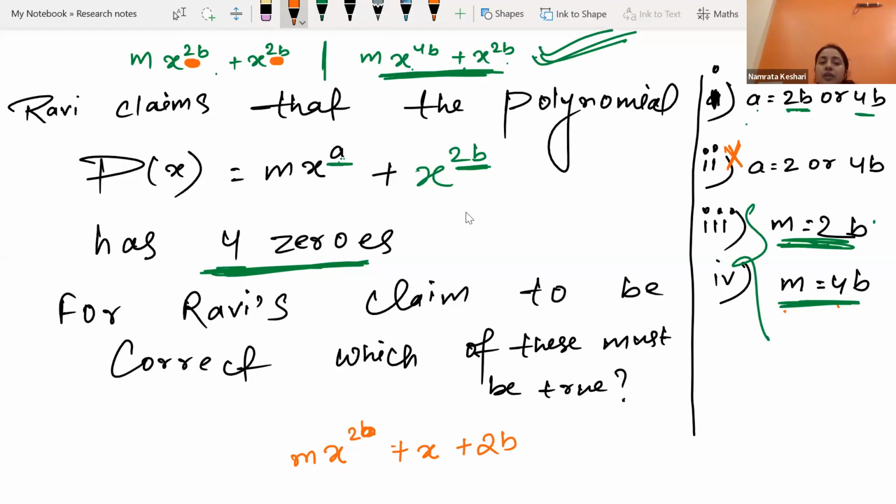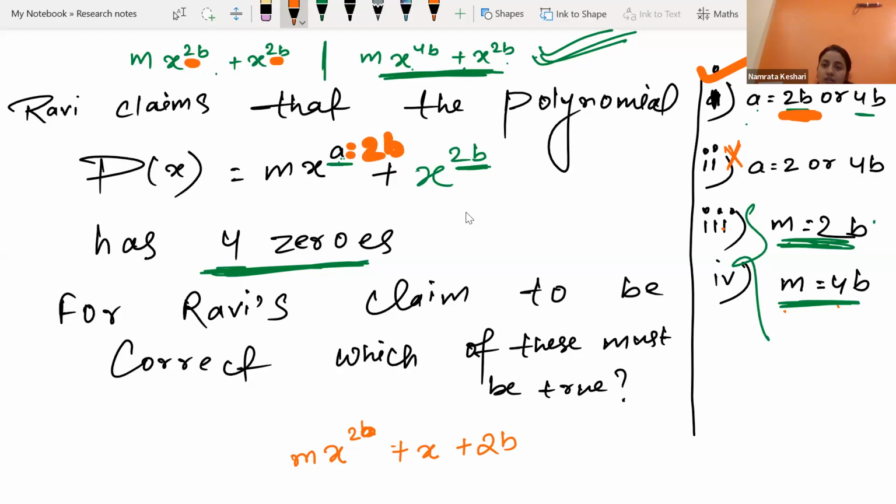If we chose the first option, we chose it because all the other options are not correct, and because this 2b is not invalid. If 2b is there in place of a, then it is valid when the value of b will be 2. Yes or no? Yes. On the basis of that we are choosing option 1.